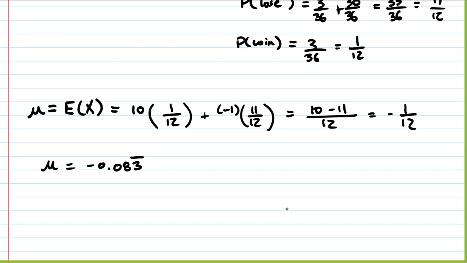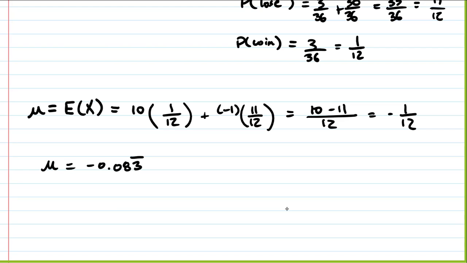Well, that's our expected value, or average. So what that means is that if we played this game a large number of times, say 100 times, on average for each game, we would lose about 8 cents. You can't lose 8 cents in any given game, but over time, you're going to be losing more than you're winning, right?